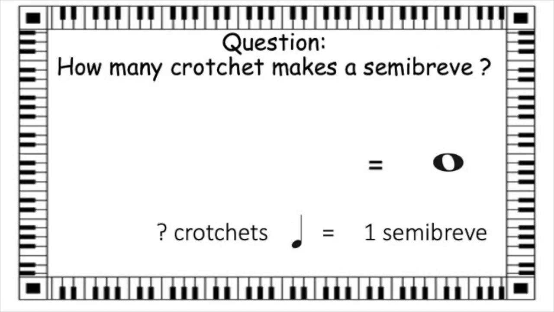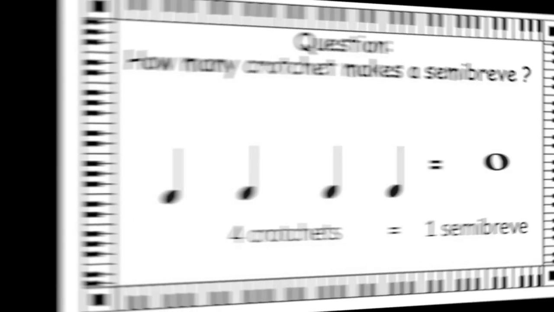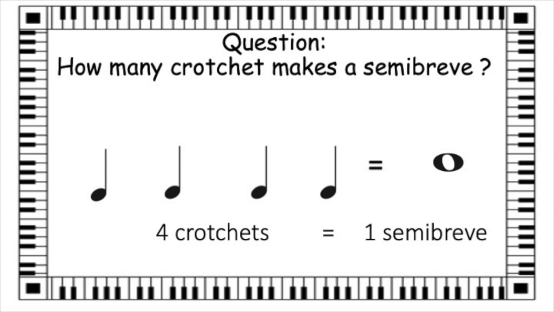Question: how many crotchets make a semibreve? If 1 crotchet and another make a minim, and 2 minims make 1 semibreve, hence you need 4 crotchets to make 1 semibreve.